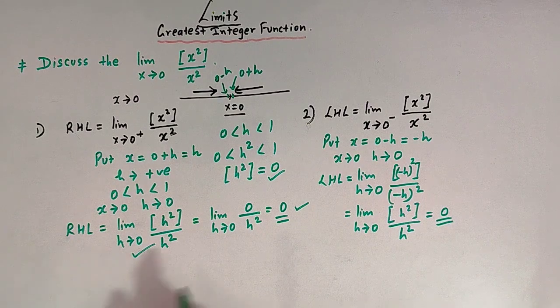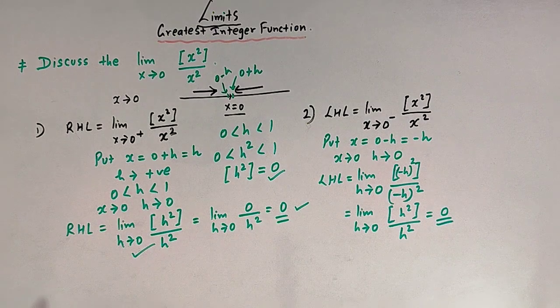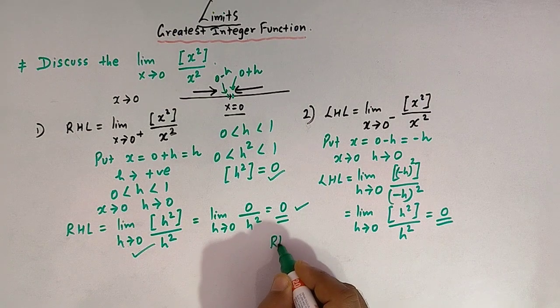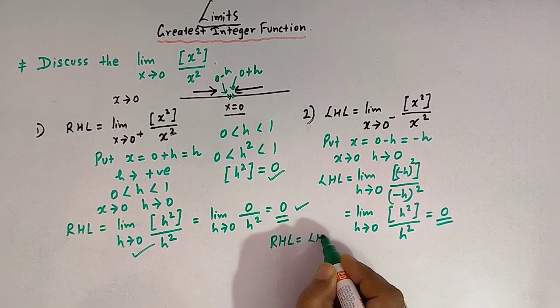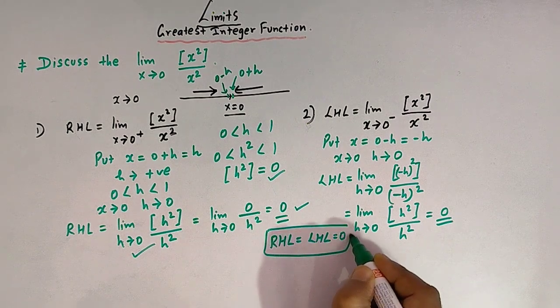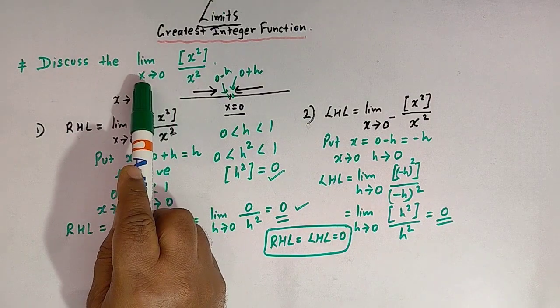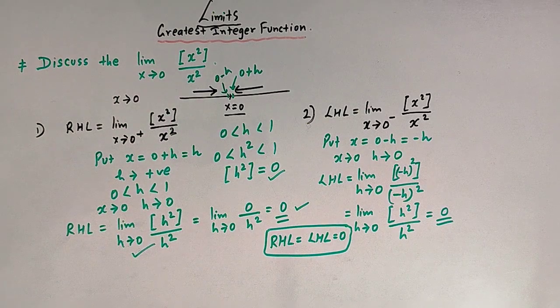So we see that the right hand limit and the left hand limit both exist and are finite. The right hand limit is equal to the left hand limit, and both are equal to 0, right? So we can now claim that this limit exists when x tends to 0.